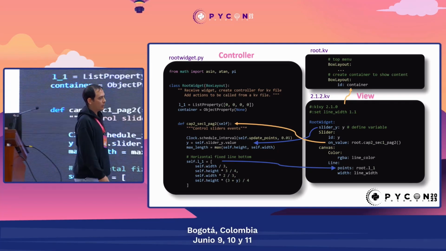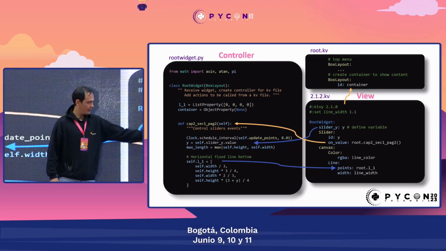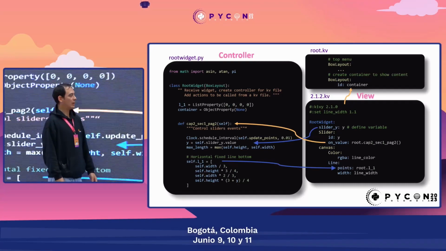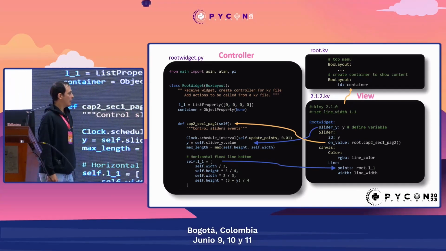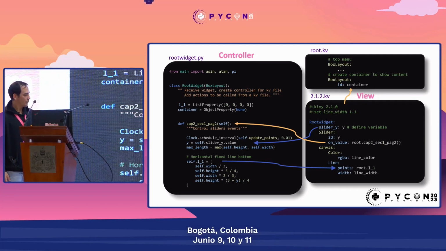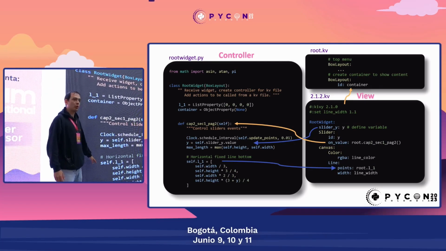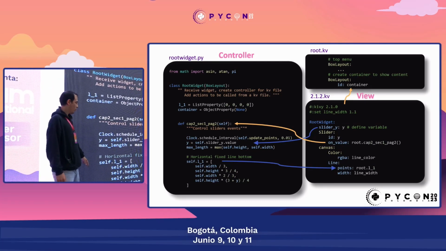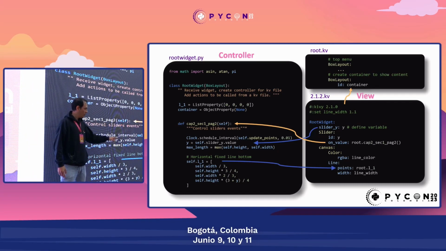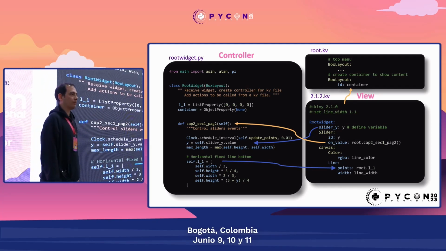So in case we have a slider, if the value of this slider changes, we are going to call our controller method. This controller gives us the option to do whatever we want in Python. And finally, when we want to update some values in the interface, we just need to update these variables, and immediately we are going to see the result in the view.